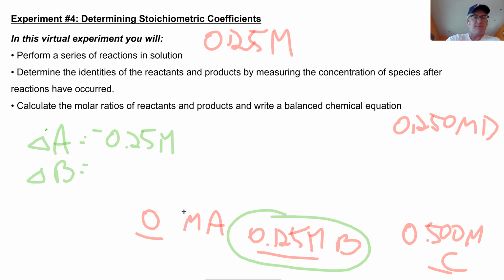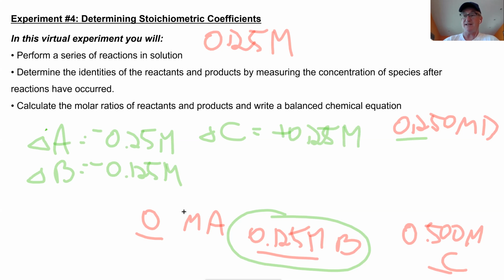So my change in B is minus 0.125 molar. What is my change in C? Right, it is plus 0.25 molar. And my change in D is 0. So D is not involved. Well, we'll get to that in a minute.